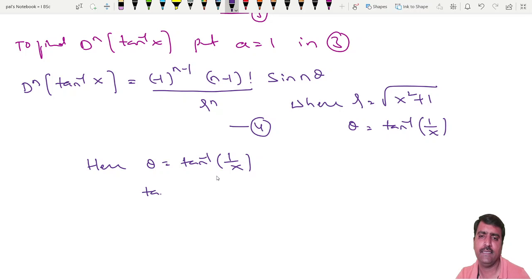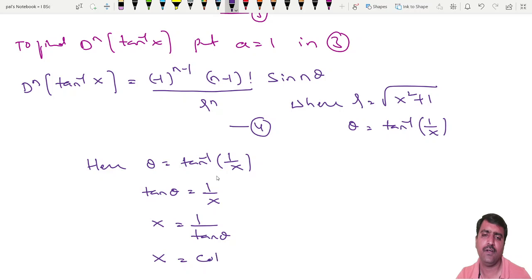So what is tan theta? Tan theta is equal to 1 by x, or what is x? x is equal to 1 by tan theta, correct? So x is equal to cot theta.